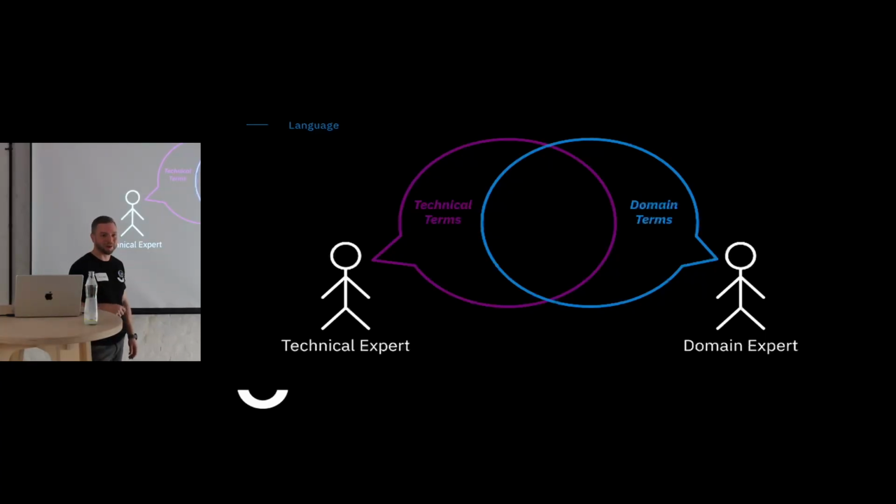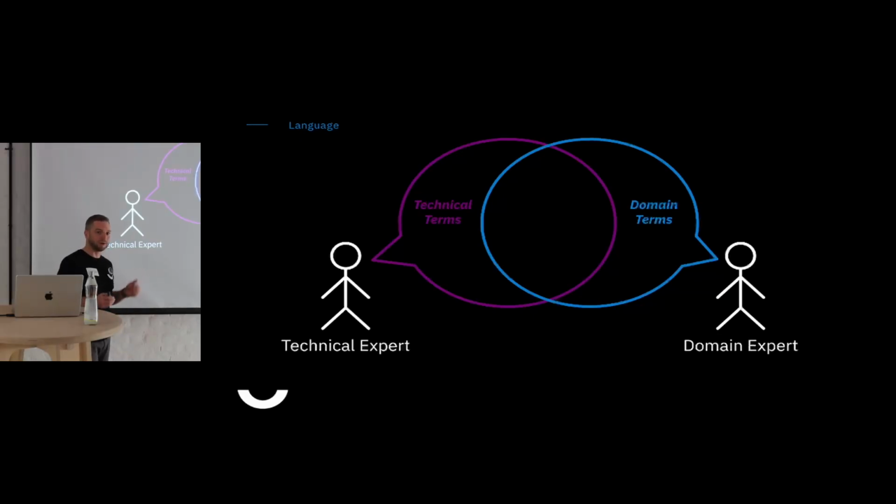They are called domain experts. So they actually know how the business works. And they also like to use domain terms. And that's then our problem, because maybe we don't understand them fully. So there is kind of the same problem.